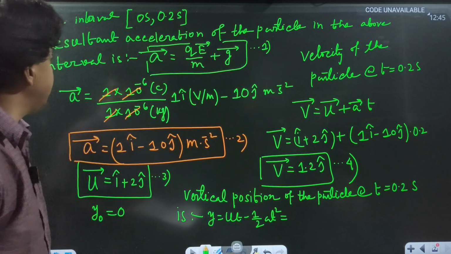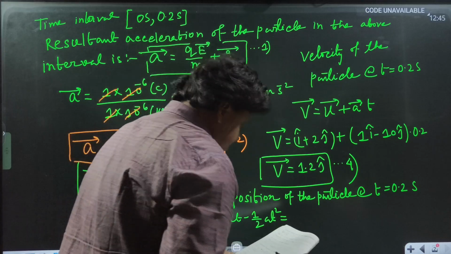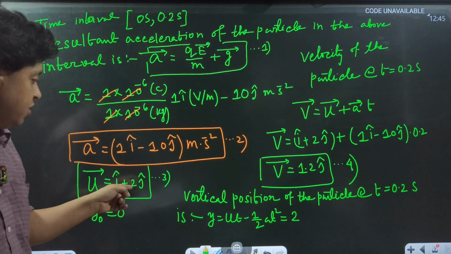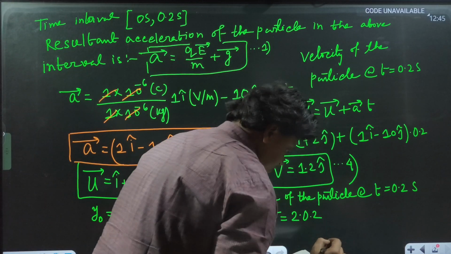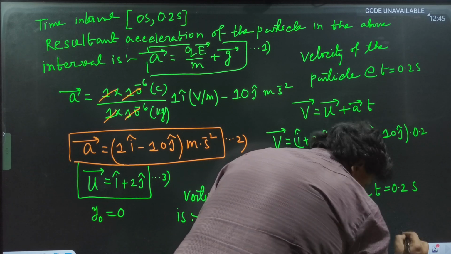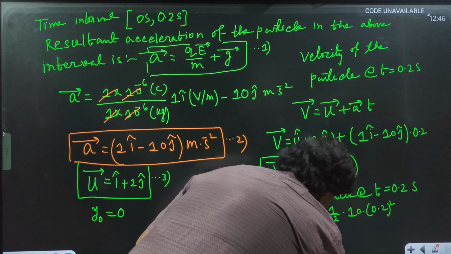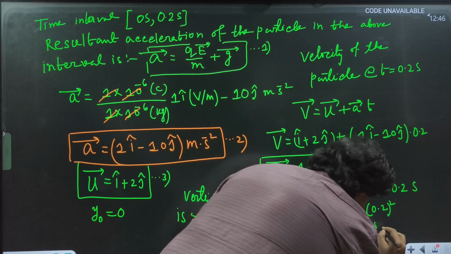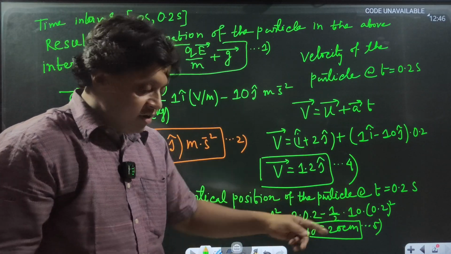So the initial speed, the y component of the initial speed, was 2 meter per second. Time is 0.2, minus half into 10 into 0.2 square, which turns out to be equal to 20 centimeter. So y is equal to 20 centimeter. This is equation number 5.